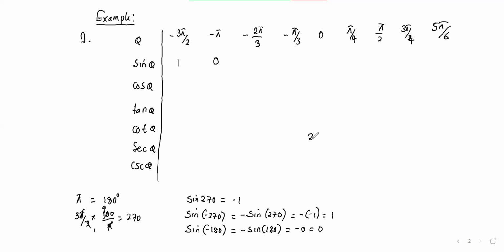This will be 2 pi over 3 by 180 over pi. So this cancels. This here, 6 by 2, that's 120. Now, what is sine 120?